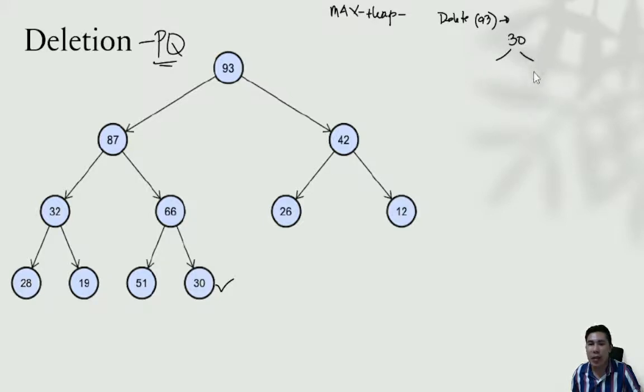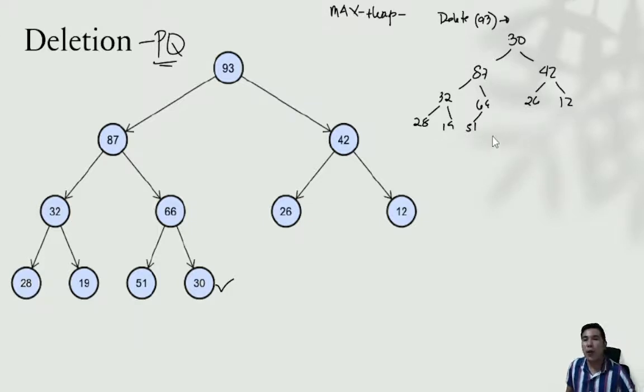So 30, 42, 26, you have 12, and then you have here 87, 32, this is 66, and then this is 28, this is 19, and 51. So in deletion, you are going to swap.